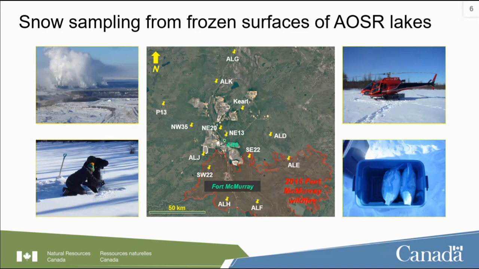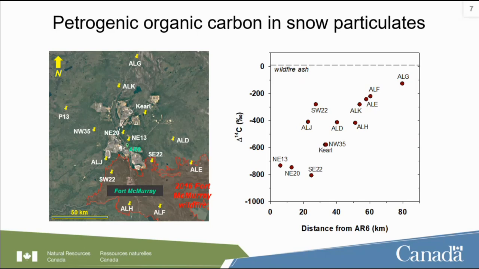So the snow is giving you pretty much a pure atmospheric signal of how the atmosphere has distributed material. And as you see for the radiocarbon, AR6 is essentially right in the heart of the oil sands operation. And the further you go, the more modern the organic carbon becomes. So you've actually got a pretty fossil source in it.